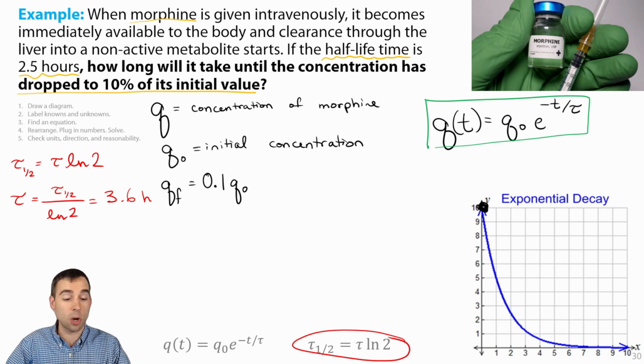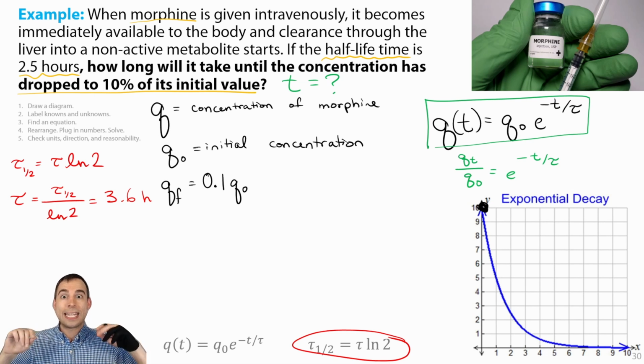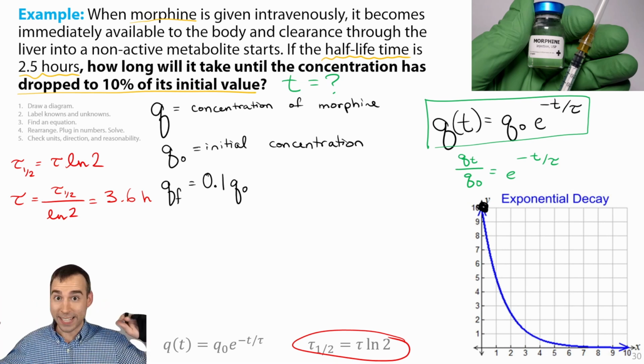We're asking how long will it take? That means t is equal to question mark for this problem. And rearranging an equation with an exponential in it can get a little tricky, so follow me on this one. First, we would divide Q0 over to the other side, and we would get Q at some time divided by Q0 is equal to e to the negative t over tau. And to undo an exponential here, I need to take the natural log of both sides of the equal sign.